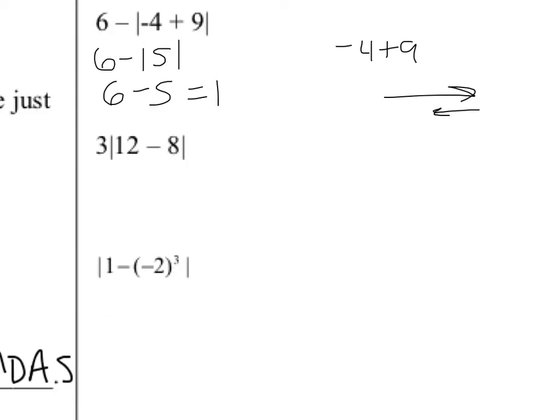Axel. I did absolute value of -4 was 4, and I did 4 plus 9. So it means you lost your subtraction. Okay, go ahead and do the second one.